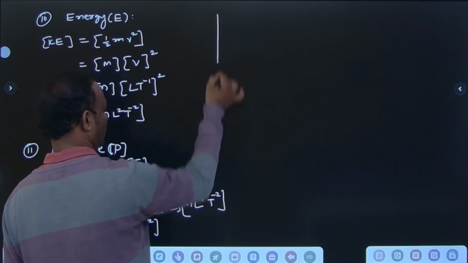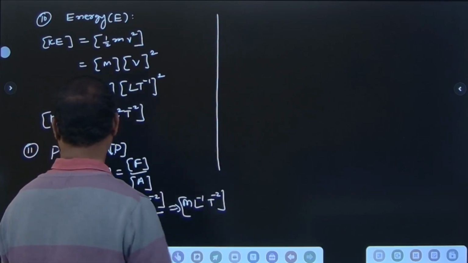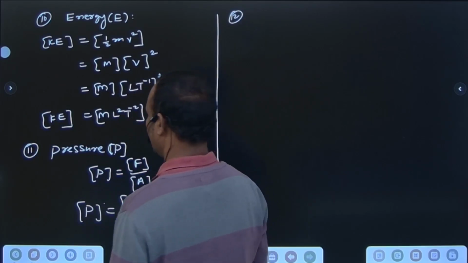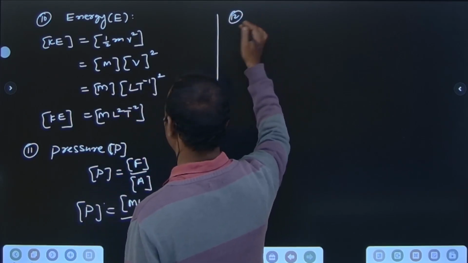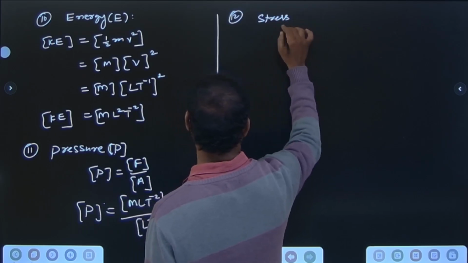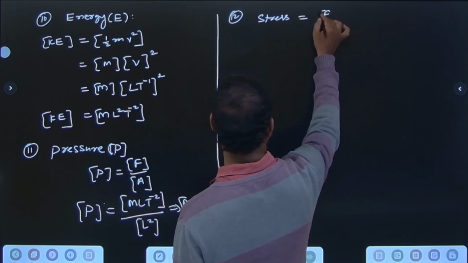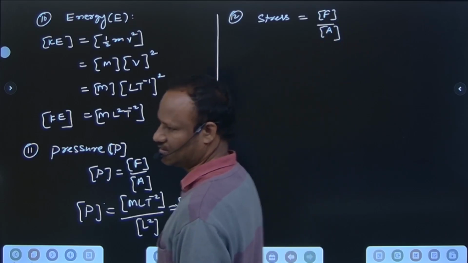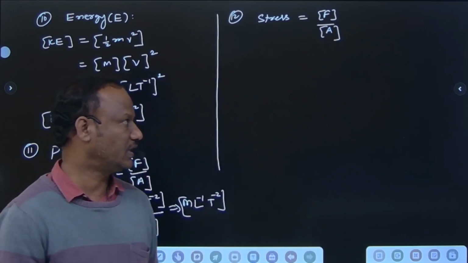Okay. Next I want to write the dimension formula of stress. Stress is equal to force per area. So the dimension formula of stress is force per area.